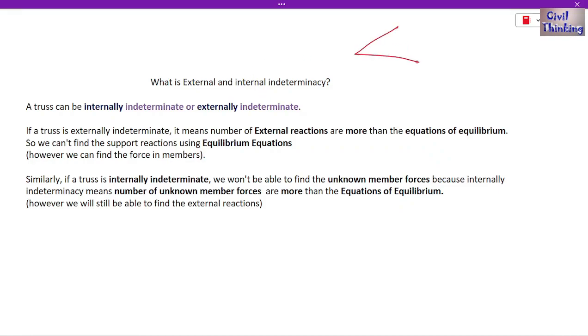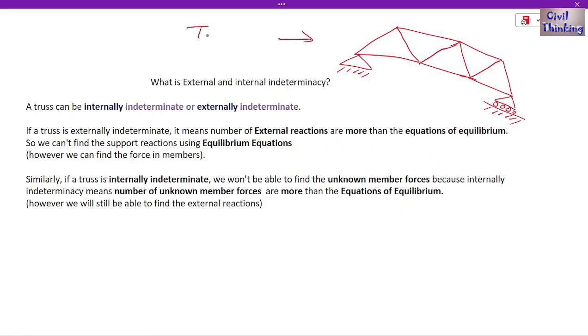Now let me draw a simple truss, like this. Let's say this is a truss. Now it can be determinate or it can be indeterminate.